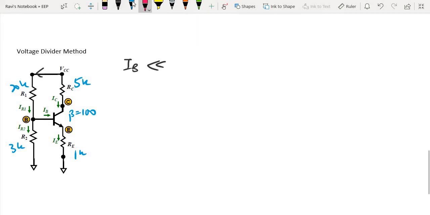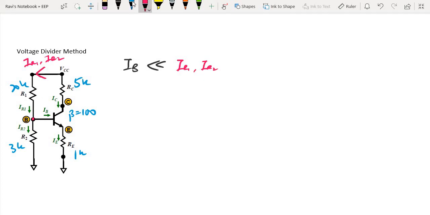So we can call this current IR1 and IR2, because it's the same current flowing in. Rightfully, when the current flows through this junction, it's supposed to split, but if we go by the understanding that IB is very small, most of the current that flows through R1 is also going to flow through R2. So IB is much lesser than IR1 or IR2.